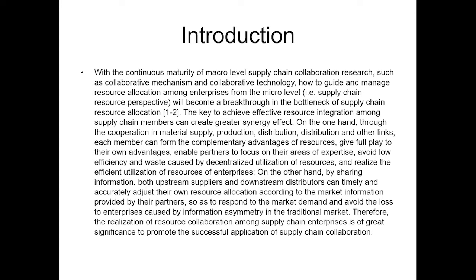On the other hand, by sharing information, both upstream suppliers and downstream distributors can timely and accurately adjust their own resource allocation according to the market information provided by their partners, so as to respond to the market demand and avoid the loss to enterprises caused by information asymmetry in the traditional market.